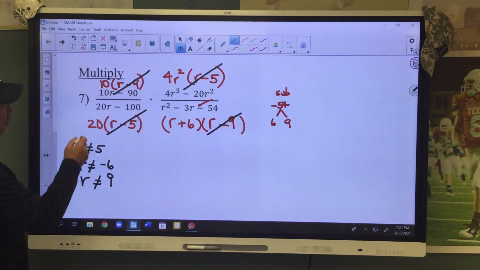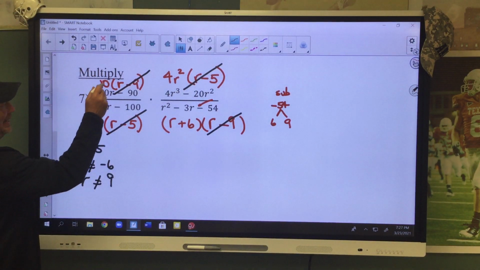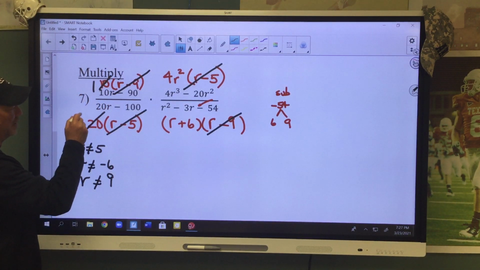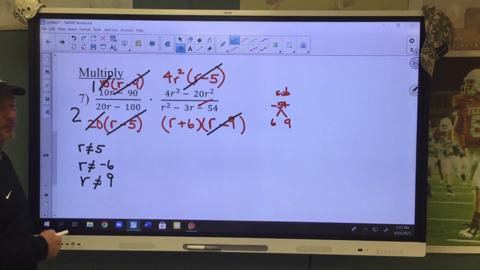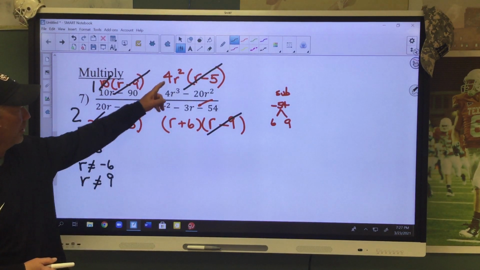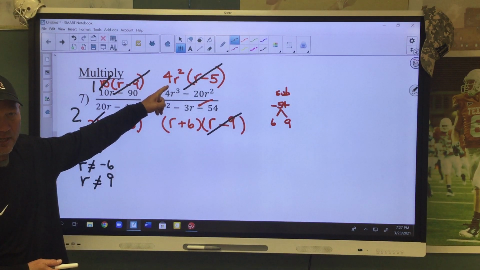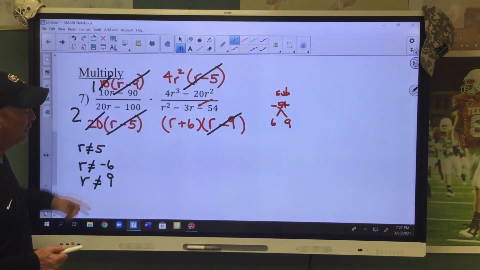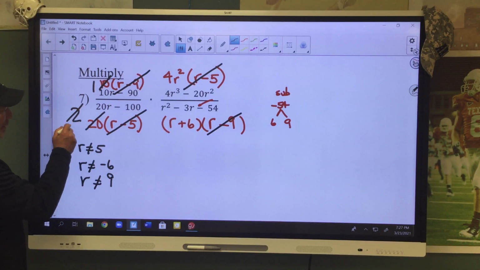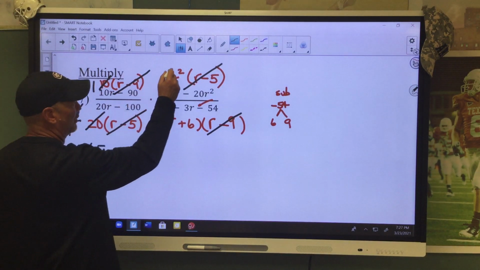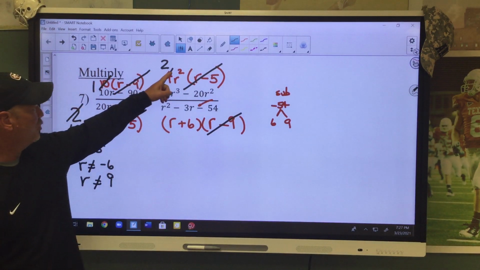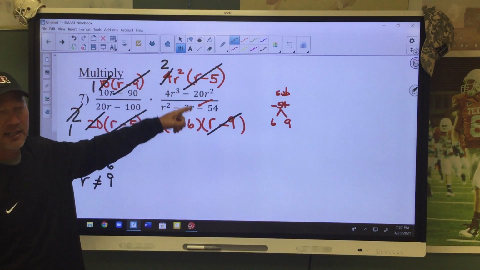I will reduce my 10 and my 20. 10 goes into 10 one time. 10 goes into 20 two times. But look, this 4 is on the outside. So I can reduce the 4 and the 2. 2 goes into 2 one time. 2 goes into 4 two times. That will leave me with a 2r squared in the numerator.